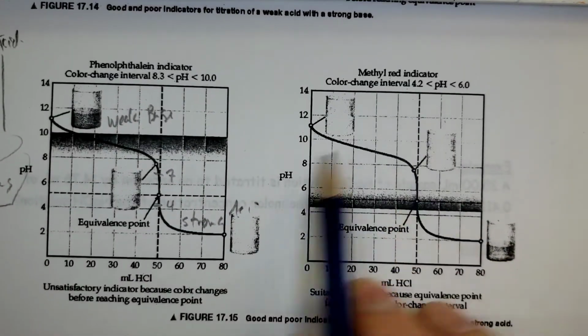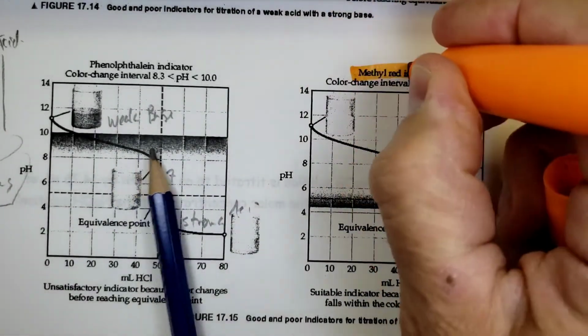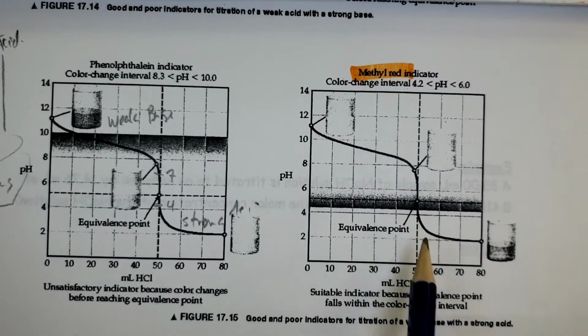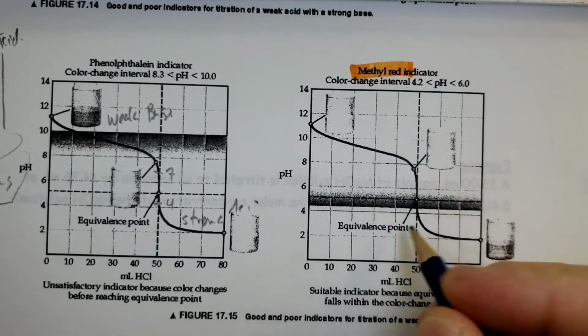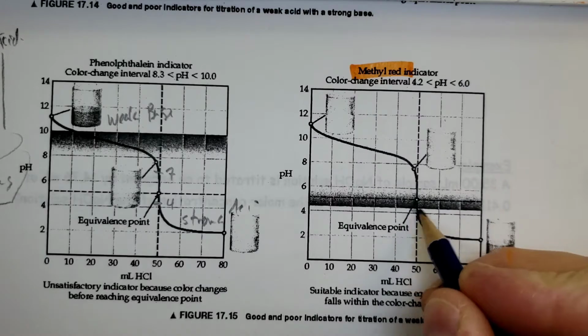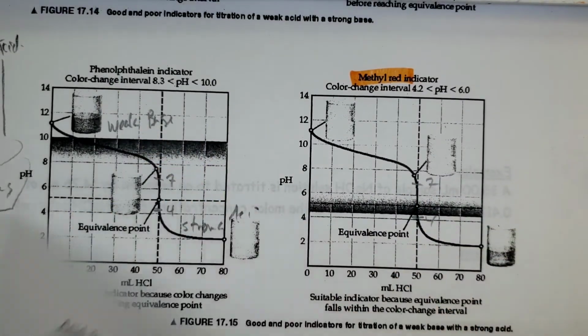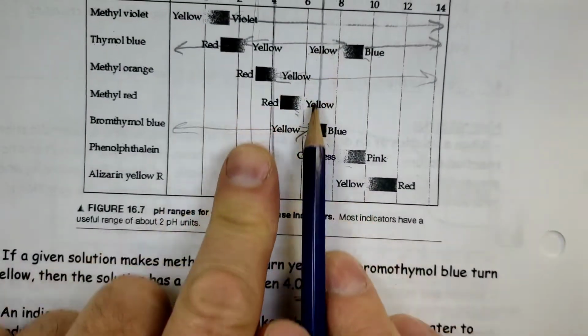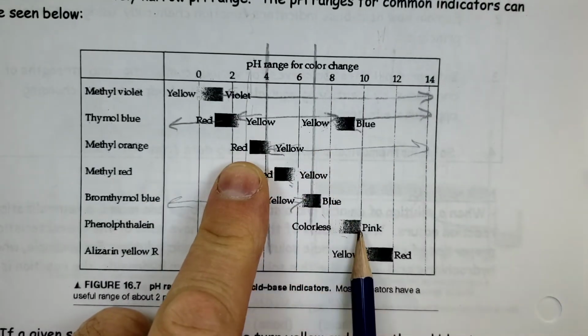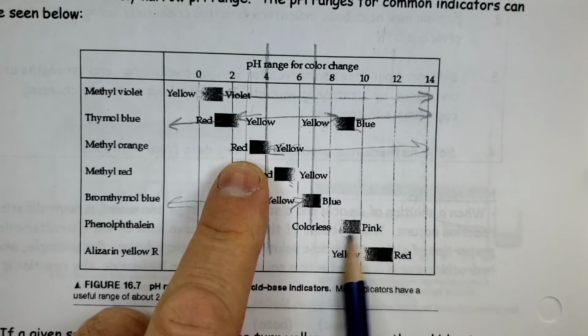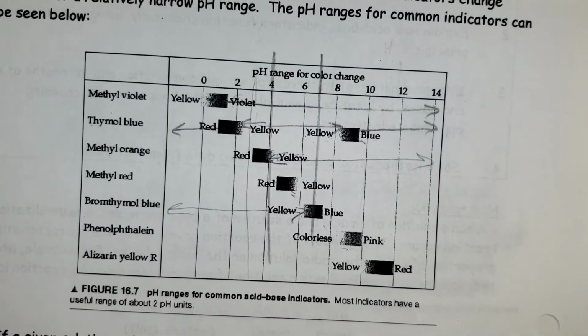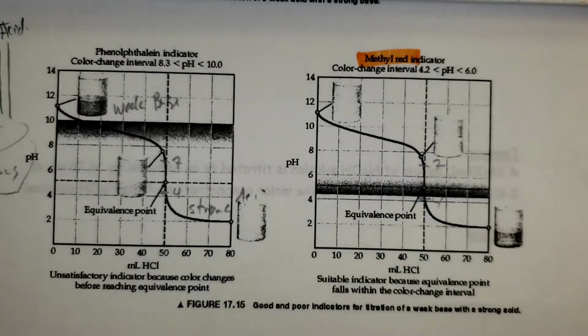And if you look over here, methyl red is the one that was chosen because it changes perfectly in that 4 to 7 range. Over here, of course, phenolphthalein: if I want something in between 4 and 7, phenolphthalein changes in between 8 and 10, so that's definitely not one that I should use.